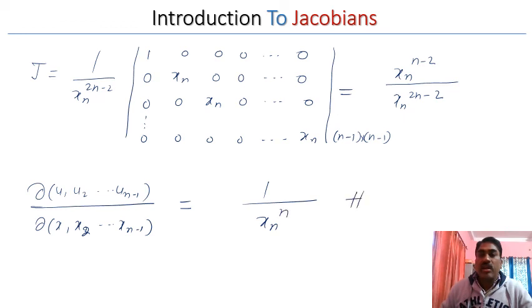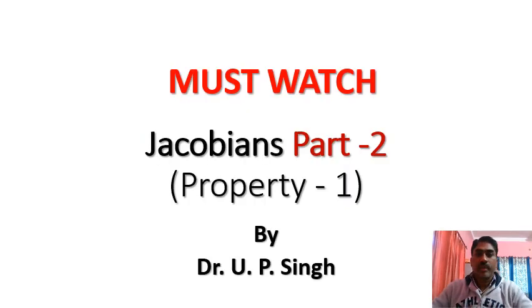So this is how we calculate Jacobians, and how we define Jacobians. Through this lecture, I hope you have learned how we define Jacobians and how we find them. At the end of the lecture, I again remind you that if you are interested to know how Jacobians arise and what Jacobians are, I have a separate lecture, Understanding the Jacobians.